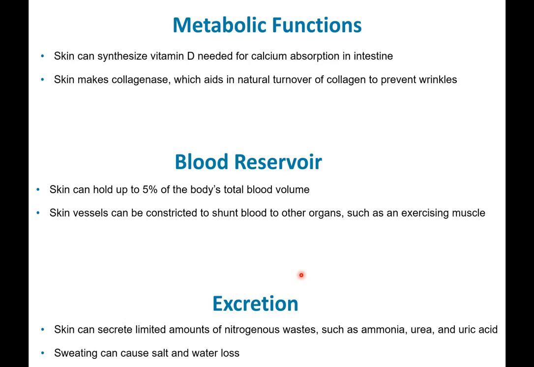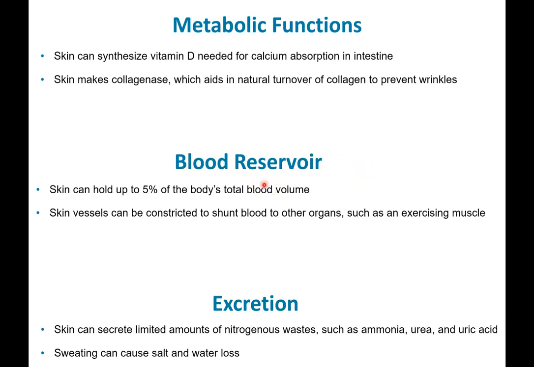In terms of metabolic functions, the skin is able to synthesize vitamin D, required for the intestinal absorption of calcium. Moreover, skin also produces an enzyme called collagenase that enhances the natural turnover of collagen to prevent wrinkle formation.